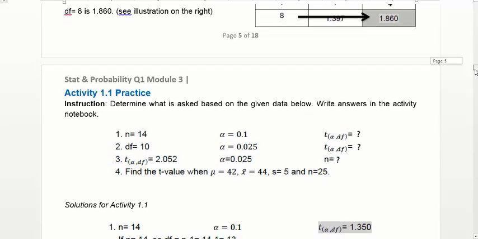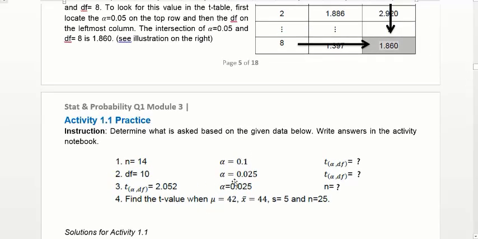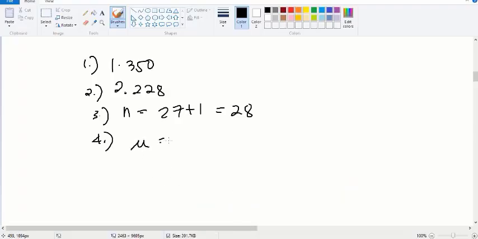Number 4: find the t-value when mu is 42, the sample mean is 44, S is equal to 5, and N is equal to 25.